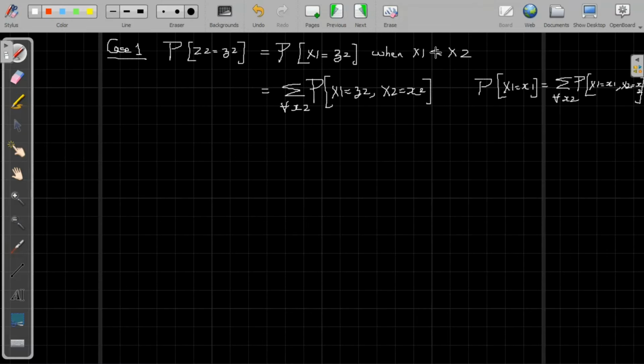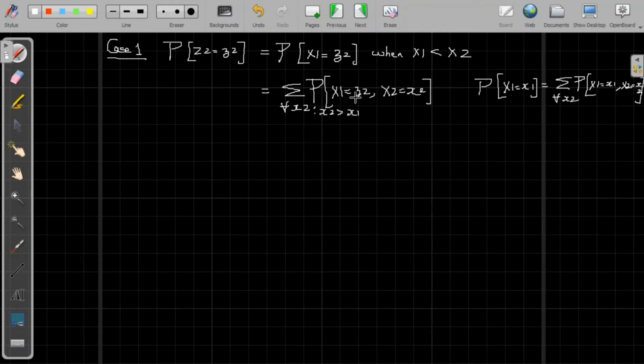So now I will include this condition over this summation. Instead of all sample values of x2, we can simply write all sample values of x2 which satisfy this condition, such that x2 is greater than x1.